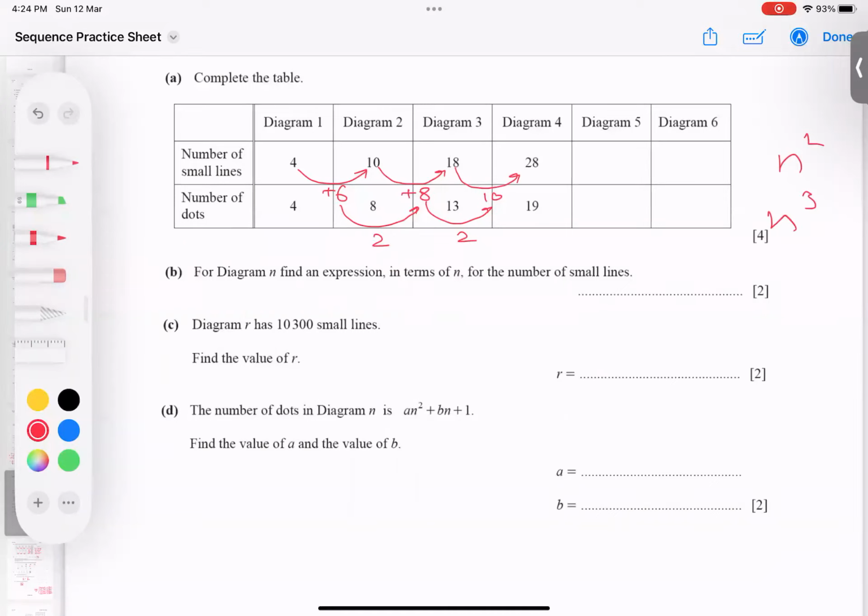If this gap is the same, it is n to the power 1. If this is not the same but this is the same, it is n to the power 2. And if even this is not the same, 100% no need to check. In our syllabus, it is maximum n to the power 3 only, not a higher power. So this is n square.